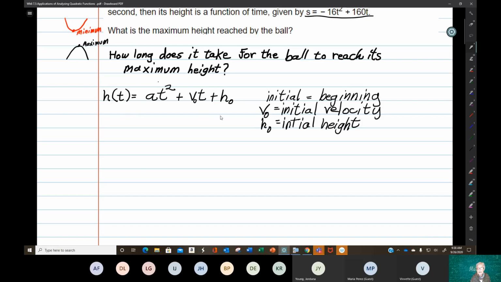Now, the reason that this equation looks like this is that the ball was released from ground level, which is 0. So we don't bother to write +0. But that's the reason it looks like this. Now, this is the acceleration of gravity in feet per second.